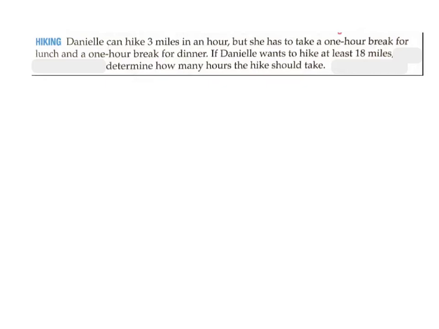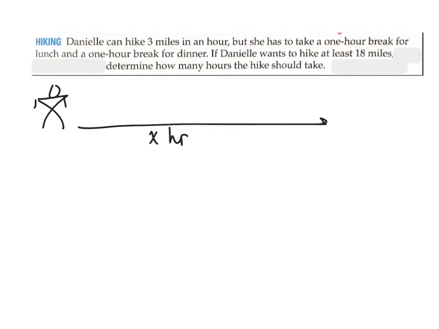So when we think about what's going on, we've got Danielle here is going to hike for some number of hours, right? And we want that distance from the beginning to the end to be 18 miles. And she can hike 3 miles an hour, but that's only when she's hiking.